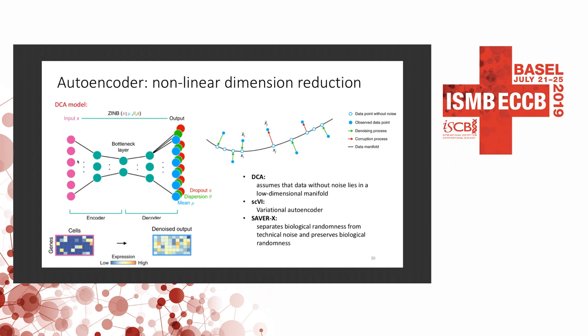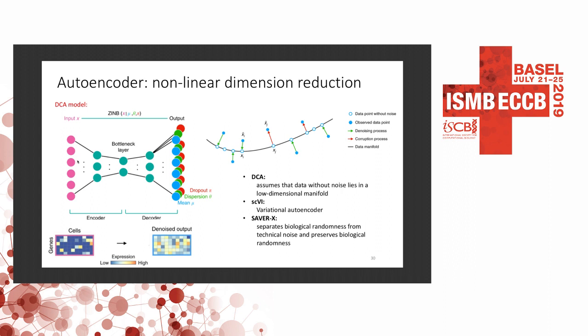The difference from dimension reduction is that for dimension reduction, you are satisfied with finding the bottleneck layer and then using other methods like t-SNE. Here, in denoising, your input has tens of thousands of genes, and your denoised data still has tens of thousands of genes, so you want to map it back. That's the idea of DCA.